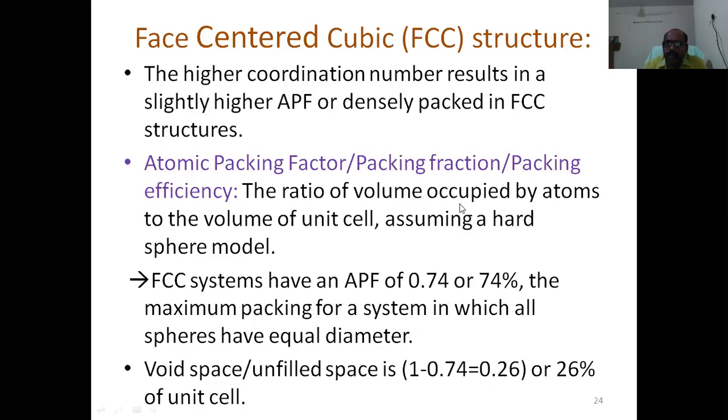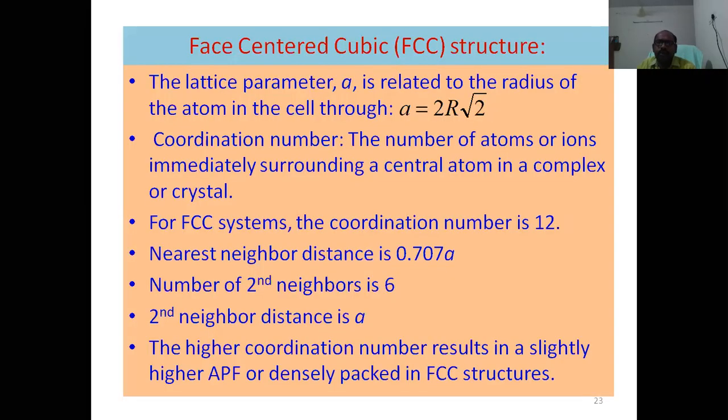So we have to express r from that relation, as we have already seen. So we have 4 into 4 by 3 pi r cube in the numerator, and a cube in the denominator. Writing a in terms of r, we get r cube and some number, so r gets cancelled.